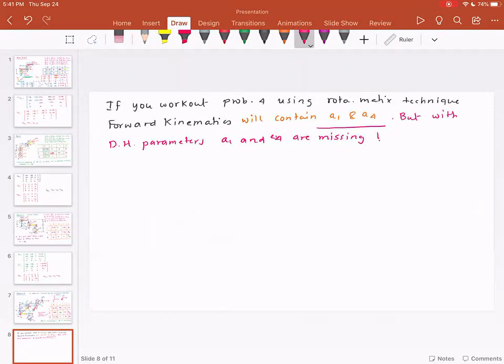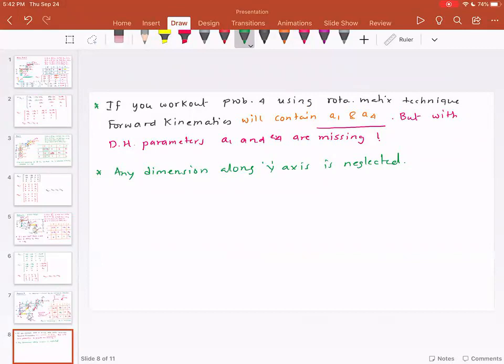What it means is when you use DH parameters, any dimension along the y-axis is neglected. So that's why I do not recommend using DH parameters.